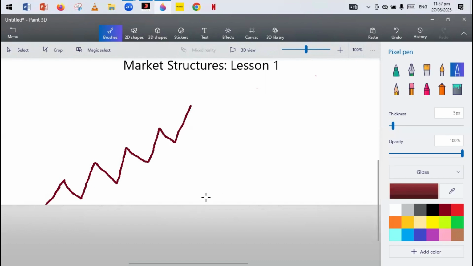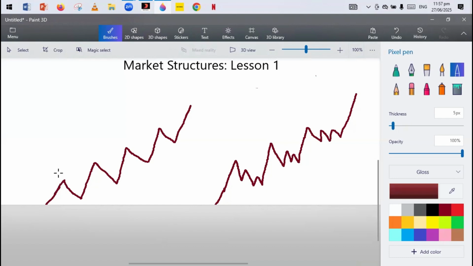That is how the market moves in an uptrend. Right there. So we have a market like that, and then we have to name the structure.